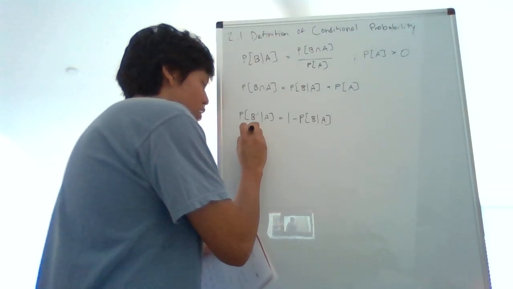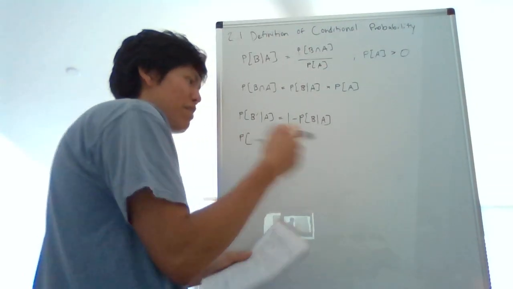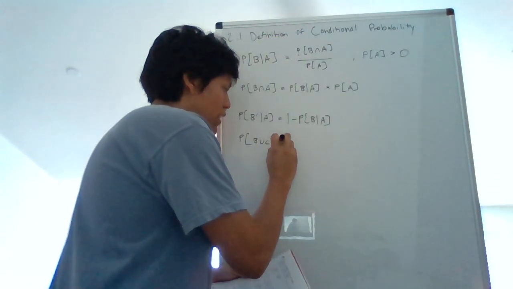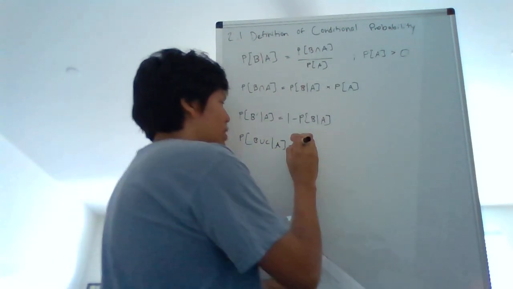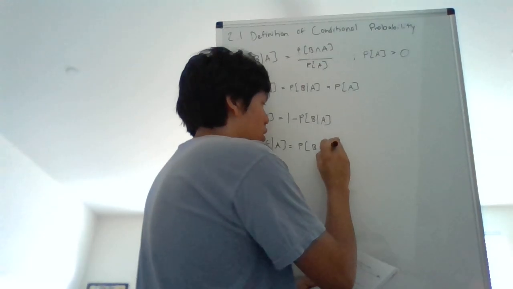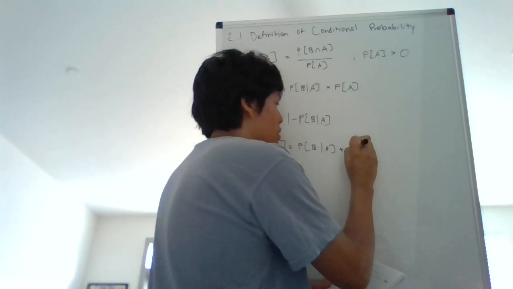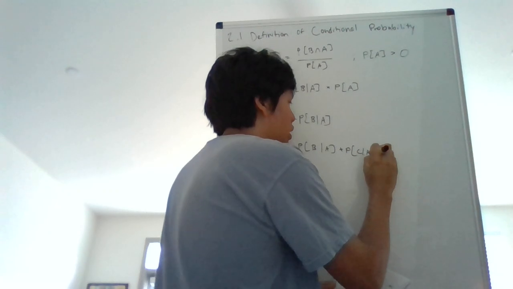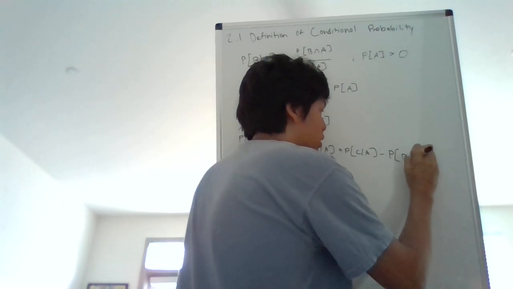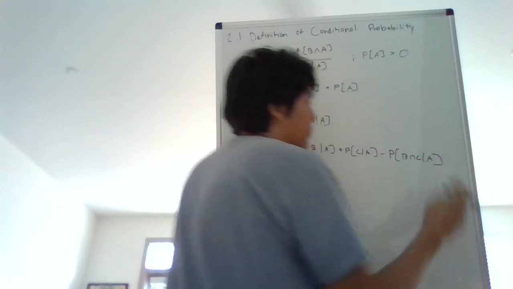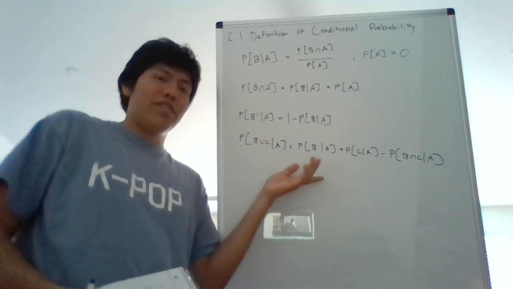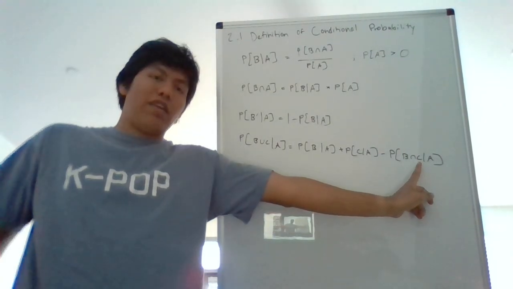If we were given 3 events, now we have A, B, and C, and we have the probability of B union C given A. This can be written as the probability of B given A plus the probability of C given A minus the probability of B intersect C given A. Again, what this does is it prevents us from double counting by subtracting out an intersection.